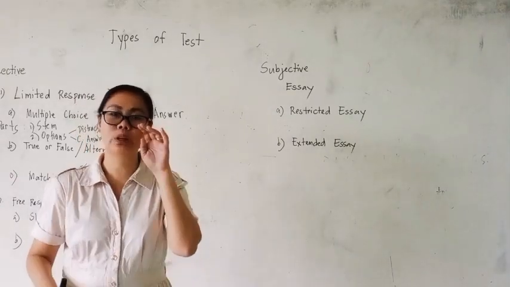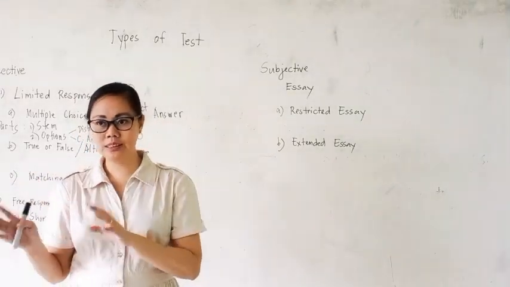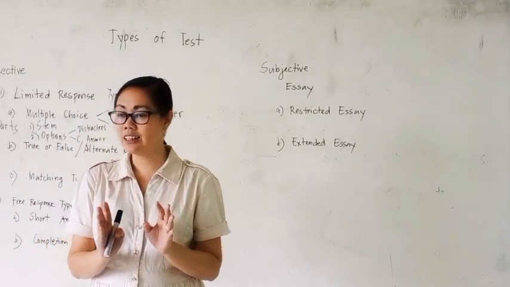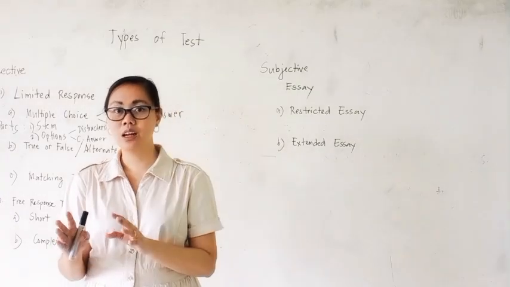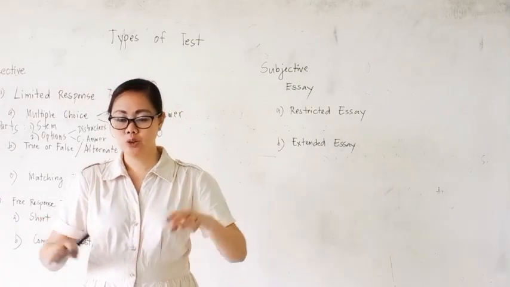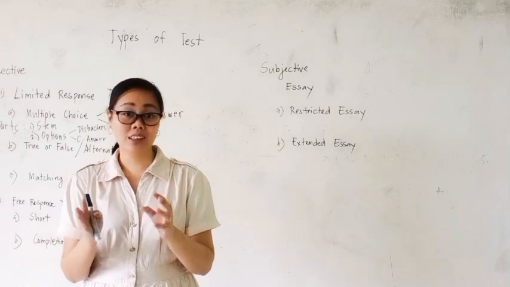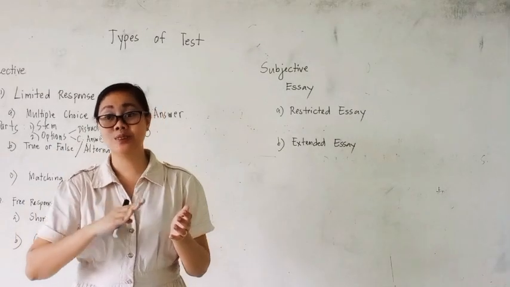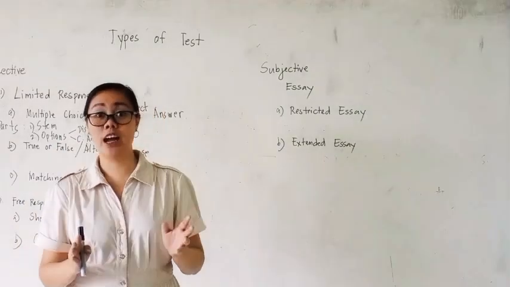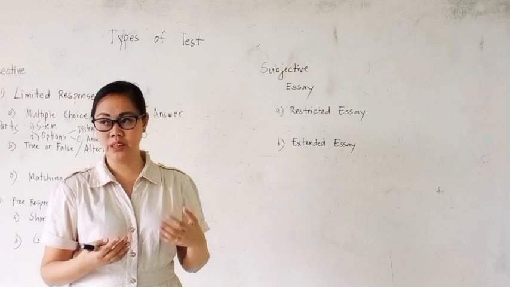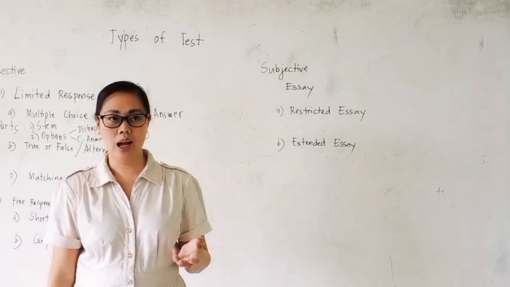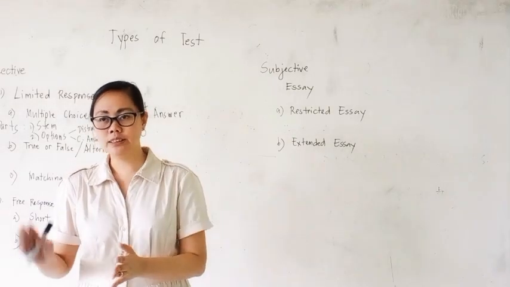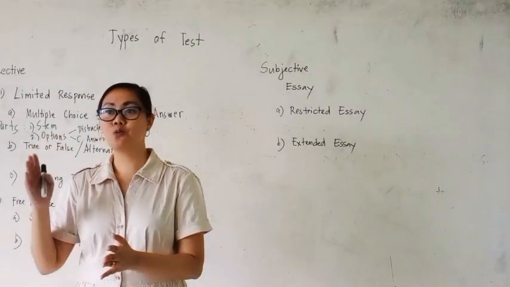Let's give an example. Describe the process of photosynthesis using the concepts stomata, sunlight, water, plant. Given the keywords, yung essay should only revolve on those keywords. Okay? Ganun siya. So, another example of restricted essay is differentiate assessment and evaluation in the light of classroom testing.